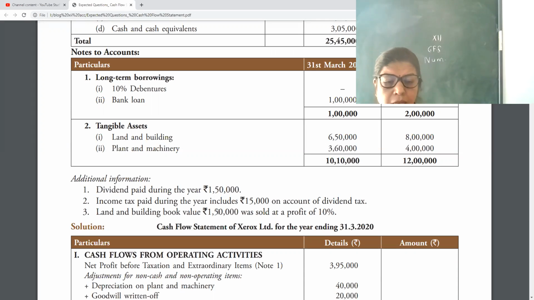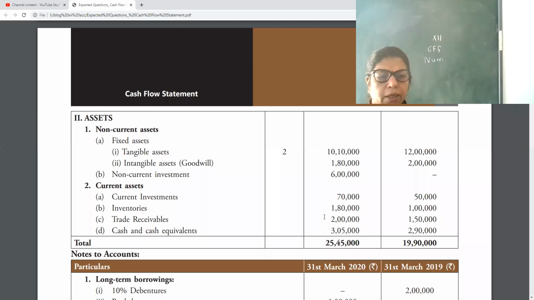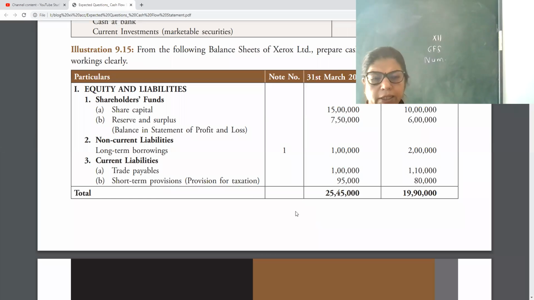It means 1 lakh 65,000 rupees asset sold off. So for that, because adjustments are given, we have to make two accounts, which are income tax provision account and land and building account. Why do we have to make it? Because adjustments are given. If you want to note down, you can, because everything is given clearly.